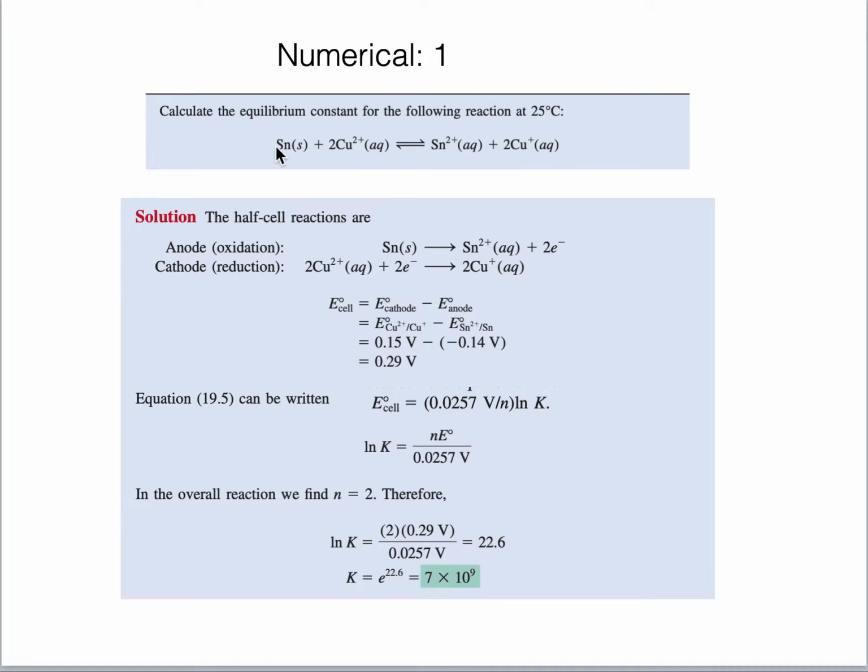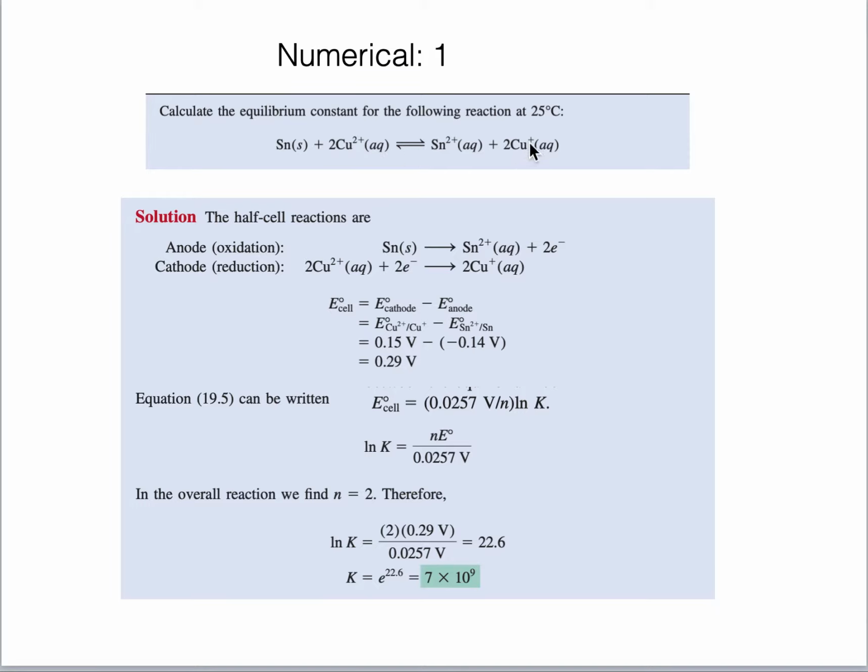Now class, you have to be very careful in looking at the oxidation states of the reactants and products. You can see that in the reactant the copper is 2 plus, but in the products the copper is plus 1. So the reaction is not going completely to copper solid, but towards formation of copper plus 1.